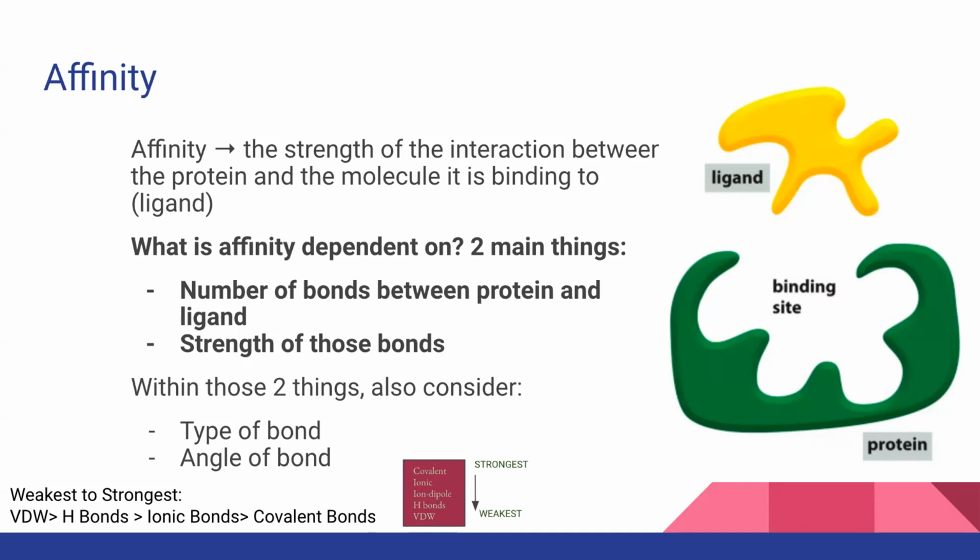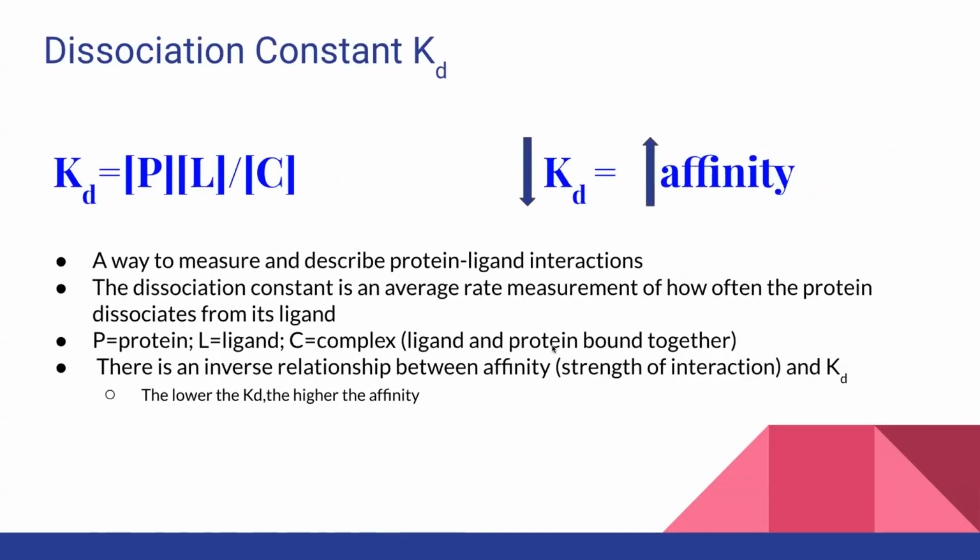You're going to want to know which types of bonds are your strongest and which are your weakest. And this was something on your problem set too, making sure you know which protein ligand would have the strongest affinity based on the bonds between the two.